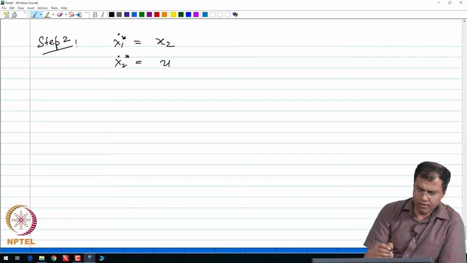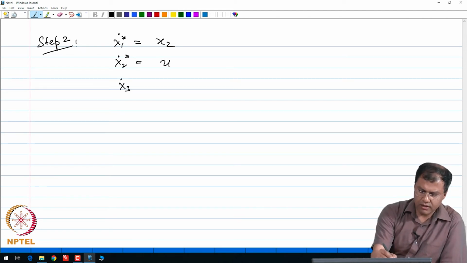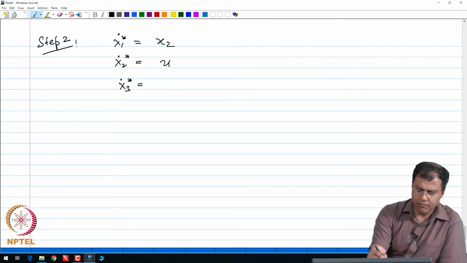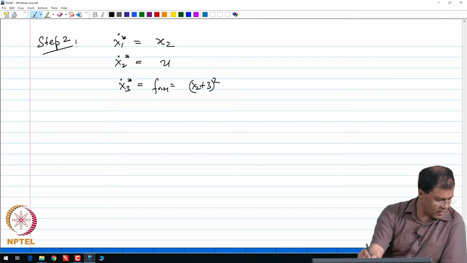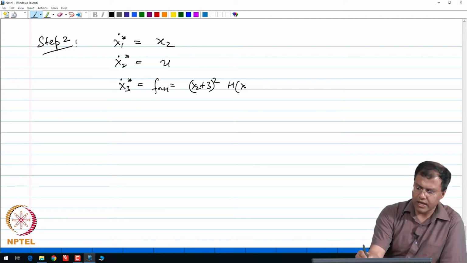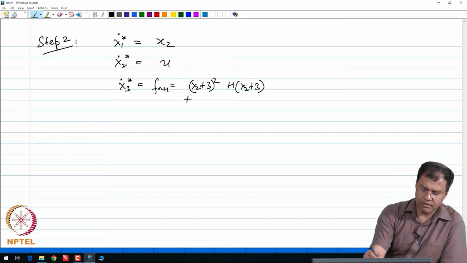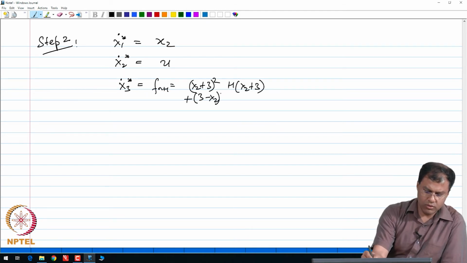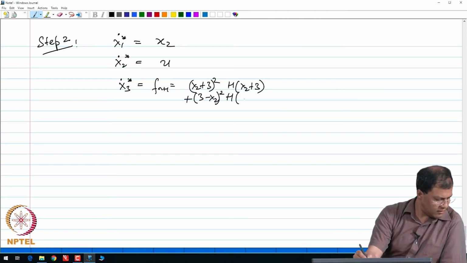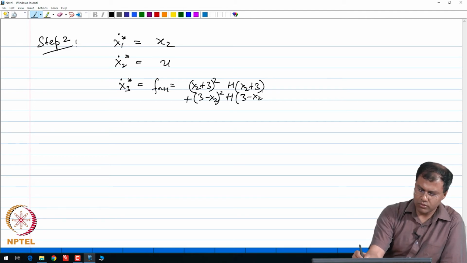And then my x3 star dot will be again with respect to lambda 3, I am going to get f n plus 1. So, this becomes f n plus 1, which is (x2 plus 3) whole squared, the Heaviside function of x2 plus 3, plus (3 minus x2) squared, the Heaviside function of 3 minus x2.